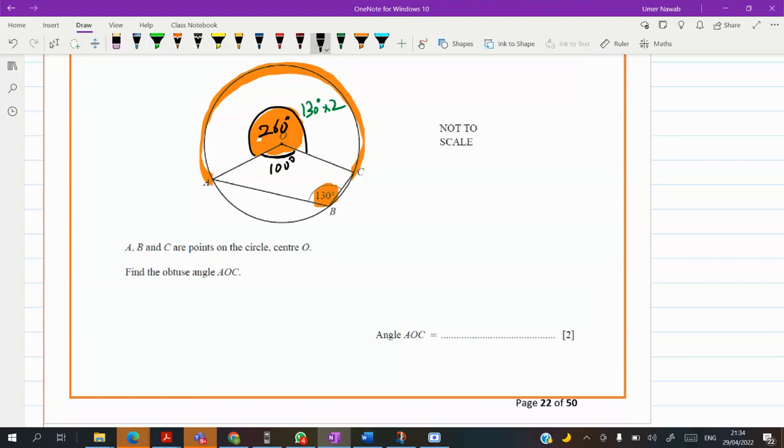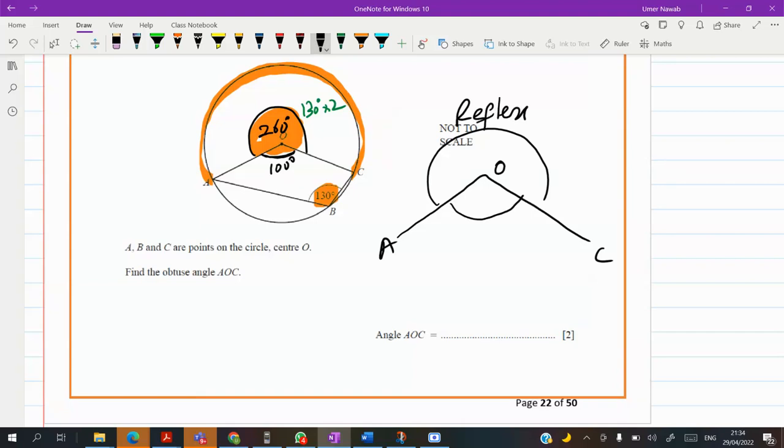And I want to find the obtuse angle AOC, because there are two types of angles, my friends. This angle is reflex, and the corresponding angle here is obtuse. Examiner didn't mention he wants the reflex angle. The reflex angle is 260, but the obtuse angle is 100 degrees. Here we need to write 100.